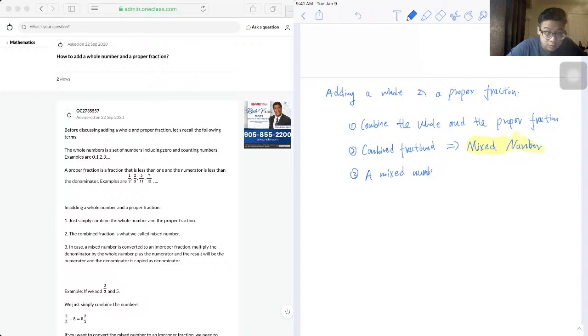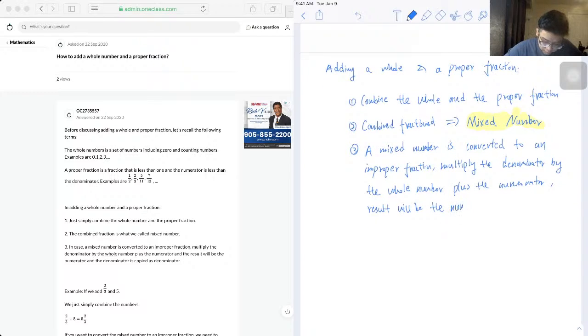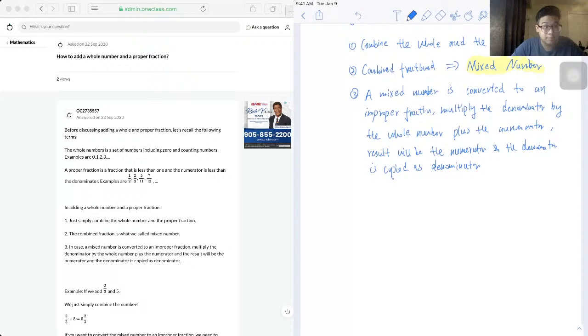A mixed number is converted to an improper fraction: multiply the denominator by the whole number plus the numerator, result will be the numerator and the denominator is copied as denominator.